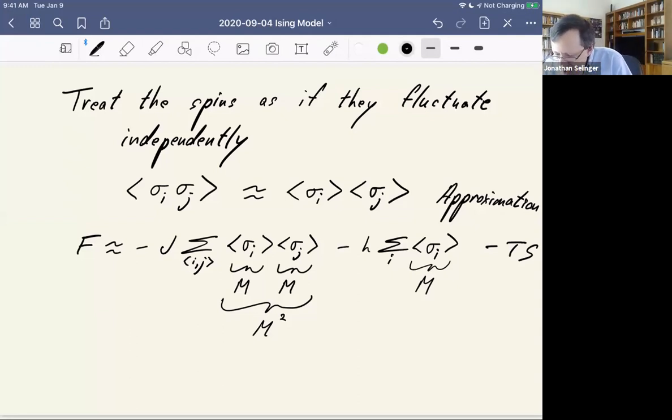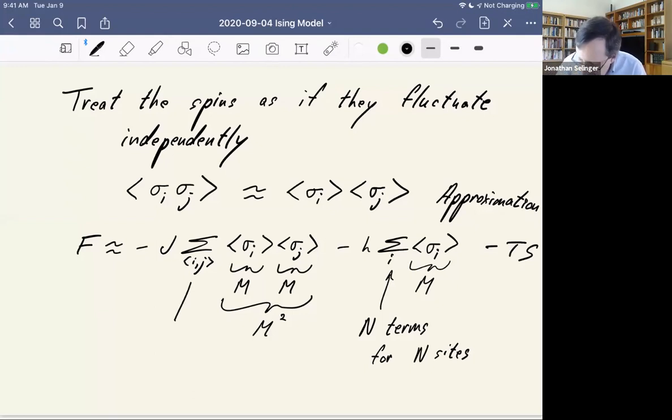Here, the number of terms in the sum is just N terms, if it's N sites. Here, this is a sum over all the nearest neighbor pairs.